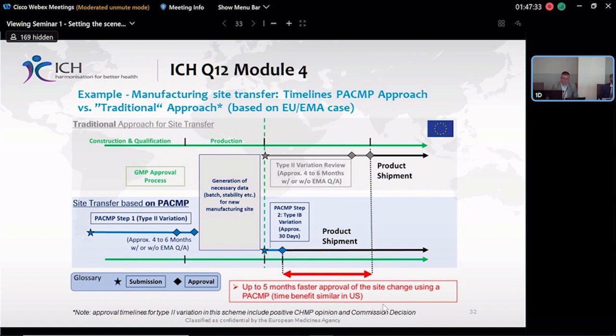The step 1 protocol can be approved early in the timeline, and then the industry, the manufacturer, goes and does their production and generates the data. So then, at the same time as they would normally be submitting the full data package, now they just need to submit a notification, and this is at the bottom here, a Type 1B 30-day notification to supply these results.